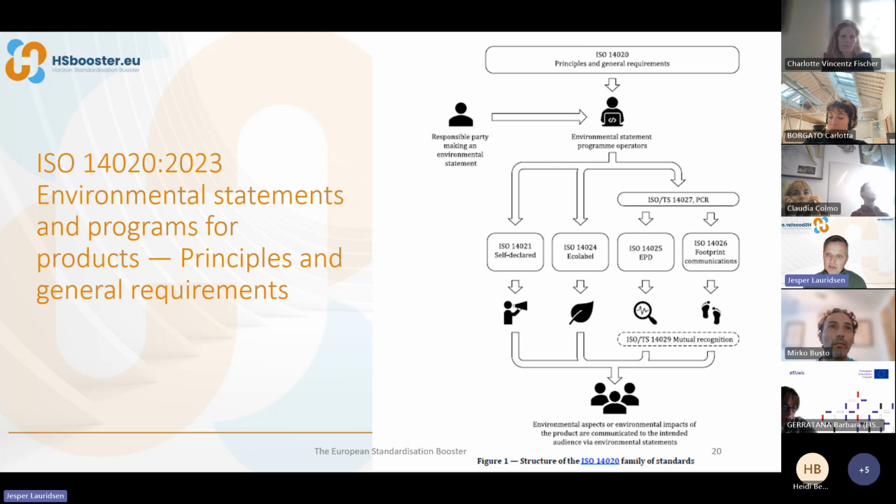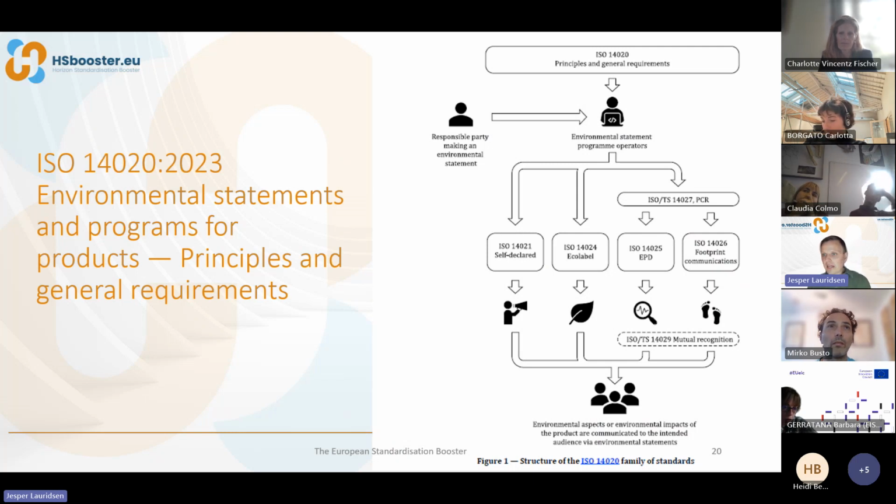That is the one that is used for the Swan that we have in the Nordic countries, and also the Flower that is used at EU level, or the Blaue Engel in Germany. So they have these national schemes. But the 14024 links back to the 14044.